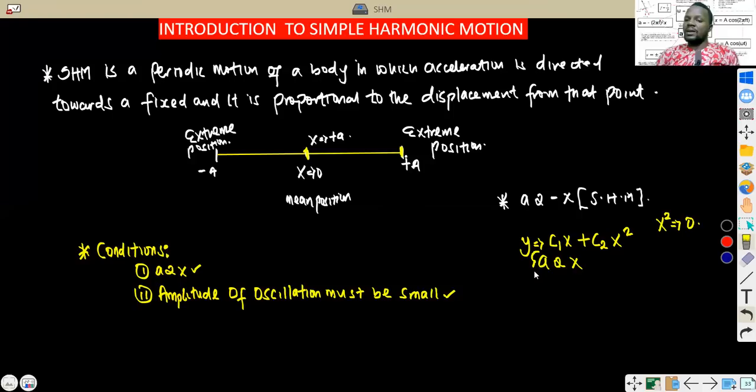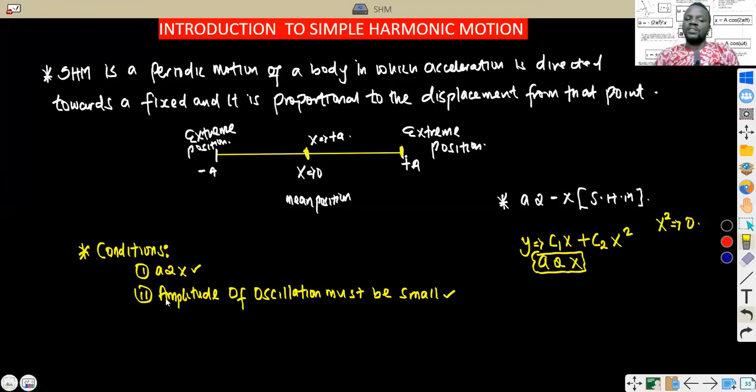Even for a sinusoidal graph, a sine graph, if the value of the amplitude is very low, this condition will always hold. So keep it at the back of your mind that for a particle or system of particles to exhibit simple harmonic motion, the body must have acceleration proportional to the displacement and must have an amplitude that is very, very small.